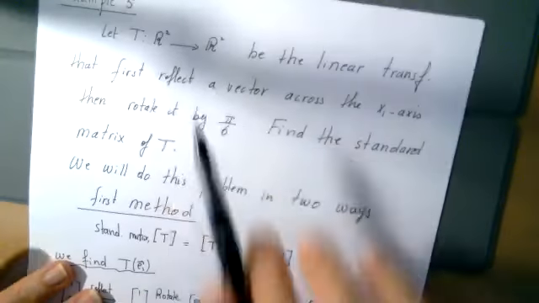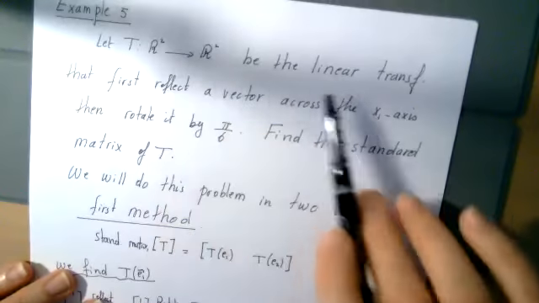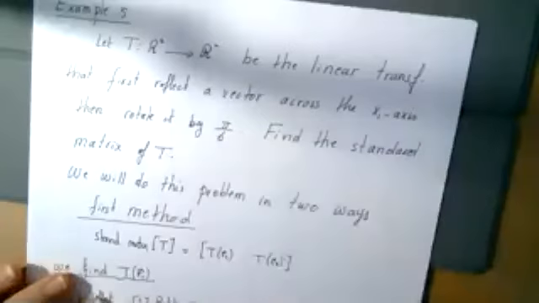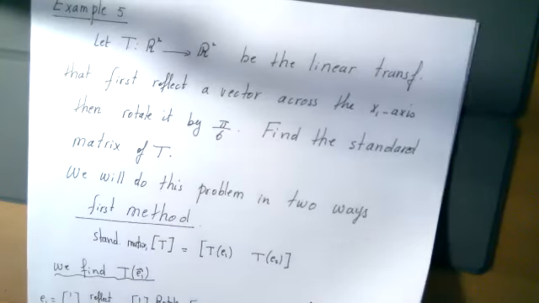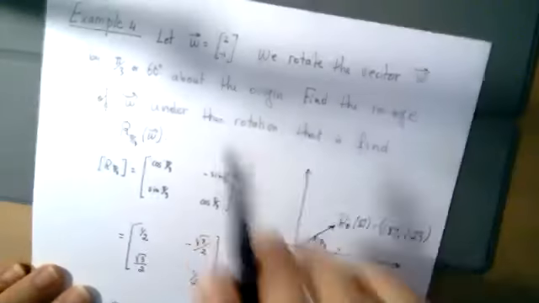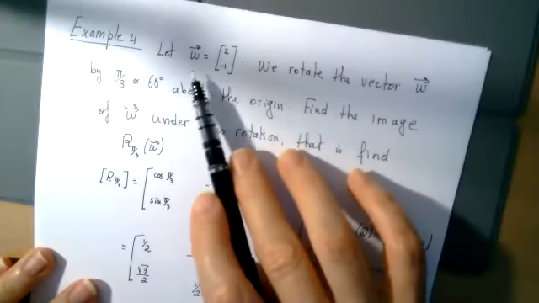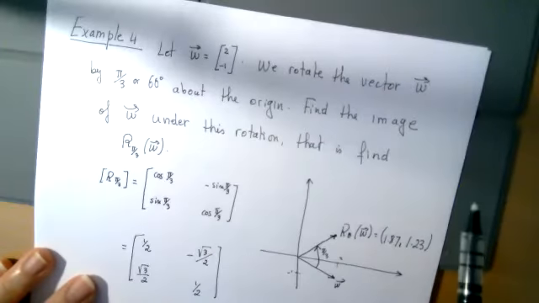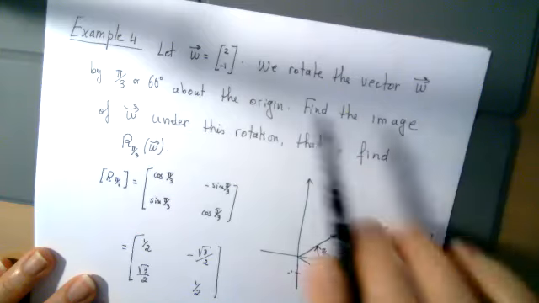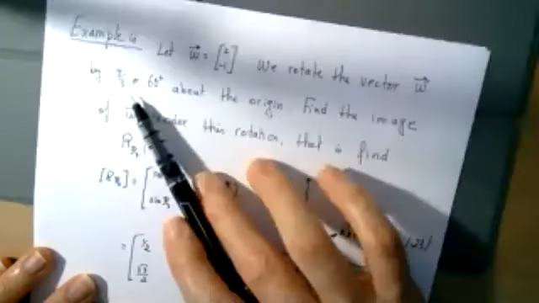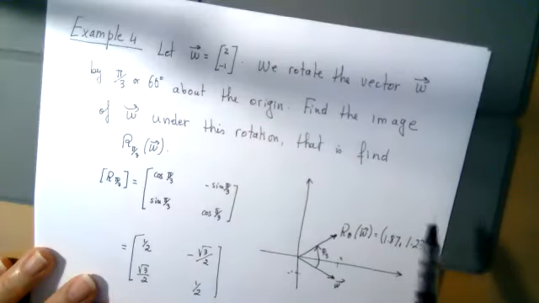Okay. So problem number one is the following. Suppose I have T from R2 to R2, and no, that's not it. Sorry, that's the hard one. All right. For example number 4, suppose I have a vector 2, minus 1, any vector, I picked it, and I rotate this vector by pi over 3 about the origin.